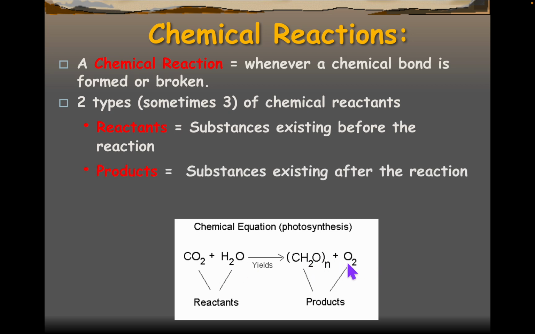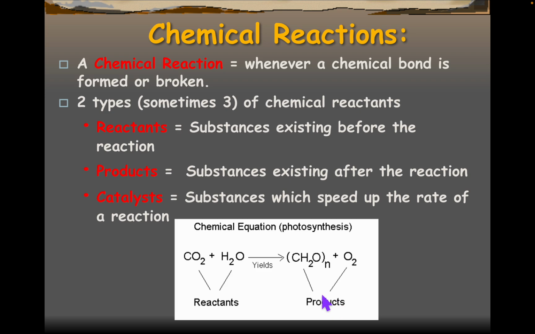Products, substances existing after the reaction, okay? And then a catalyst, which is something we get into with much greater detail later on in the semester. Substances which speed up the rate of a reaction. They're usually always proteins, but there's also RNA, but they always are speeding up these chemical reactions.